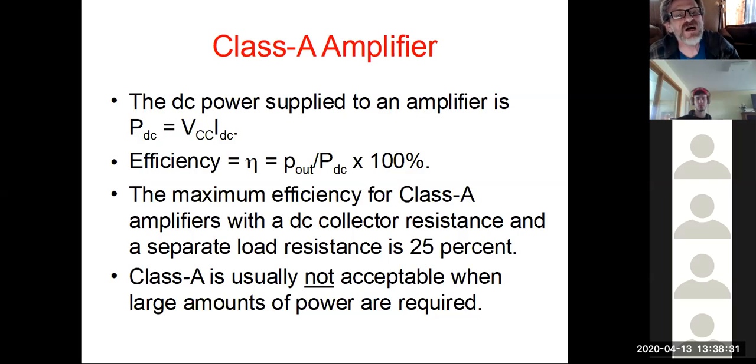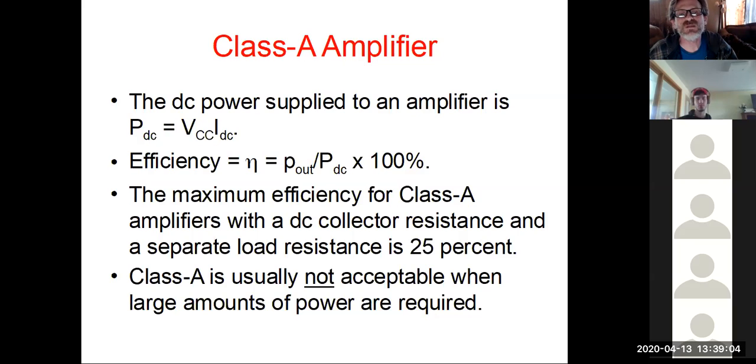Now we're going to start looking at the power end of things instead of looking at what the voltages are. So in our classic Joule's law power formula, P is equal to E times I. In this case, the P of our DC is going to be the VCC multiplied by the current of the DC. This formula applies to a lot of things, but for the efficiency rating, here's another Greek letter for you.